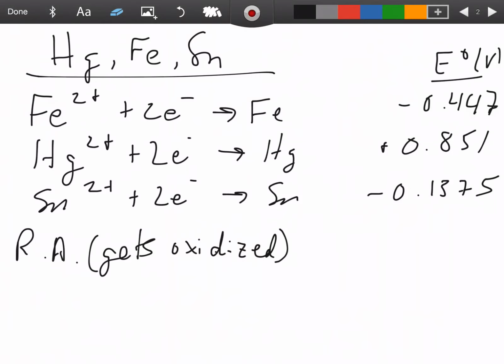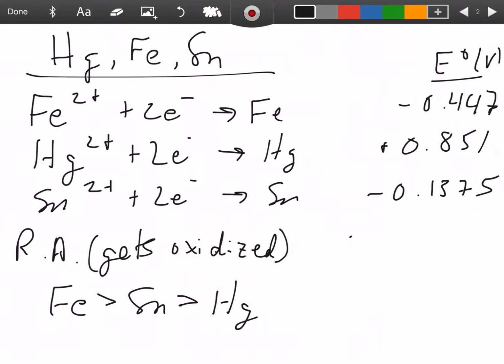If we're looking at iron metal, mercury metal, and tin metal, we have to turn the reactions around. That means taking the negative of all of those E zeros, and then the question is which one is the most positive. We find that iron is a better reducing agent than tin, which is a better reducing agent than mercury. So iron, then tin, then mercury.